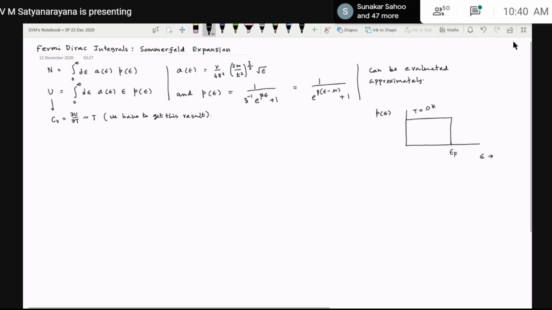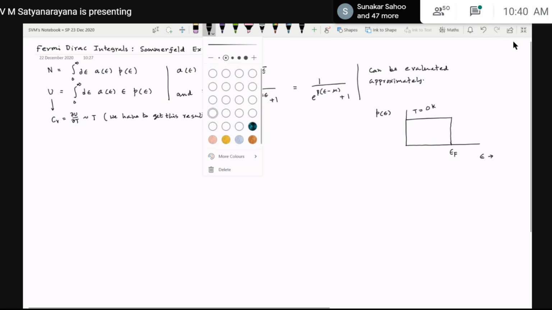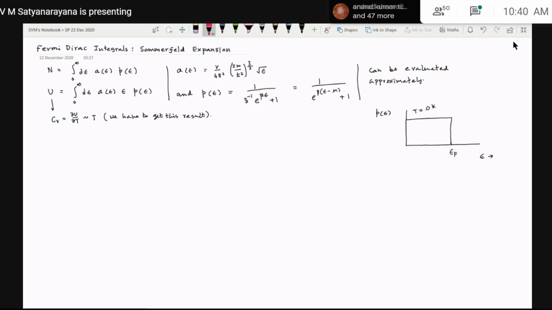Okay, and as I showed you in the last class, for any non-zero temperature, this one is more or less the same at higher energies and lower energies, and around this particular Fermi energy there is a deviation.